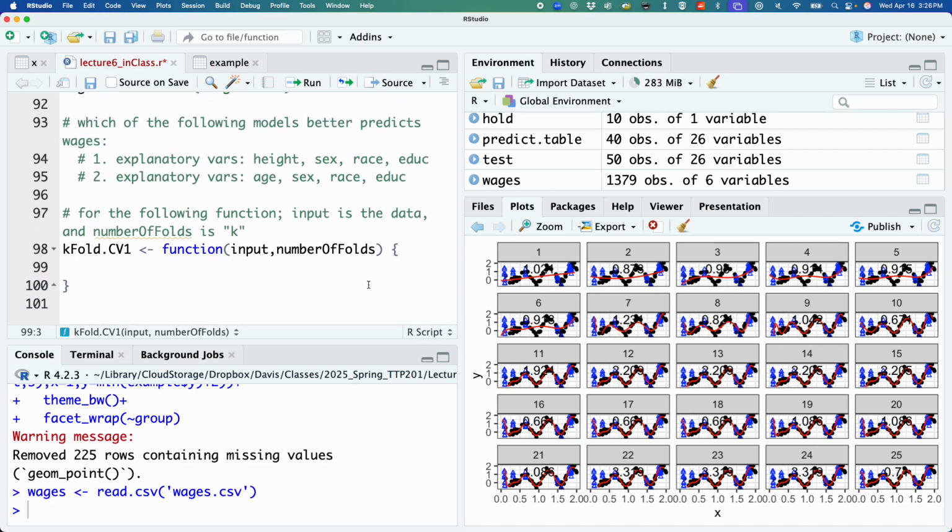Okay, so if I want to split my data out into some arbitrary number of folds, can you guys help explain in English just procedurally how I might do this? Yeah. Divide the number of rows by k.